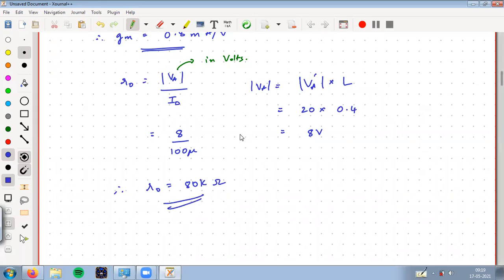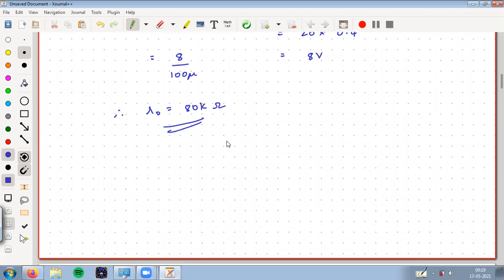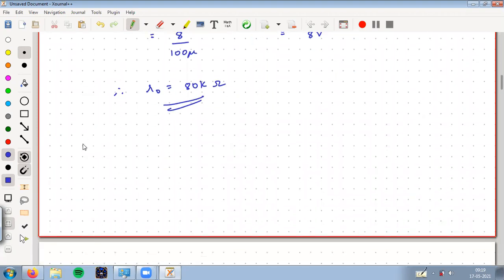And since we have already found GM and R naught, you can find out the gain also. You can write voltage gain AV equals minus GM into R naught.